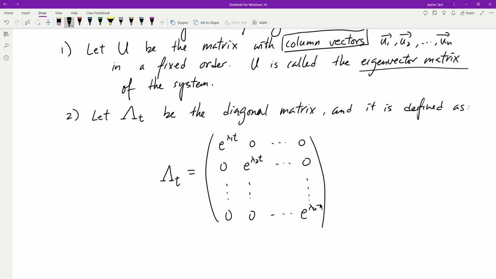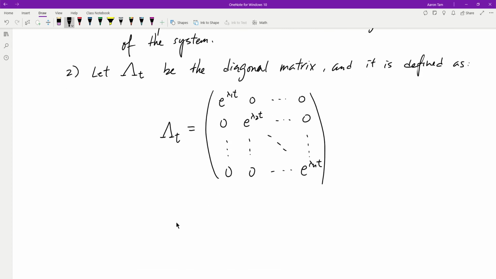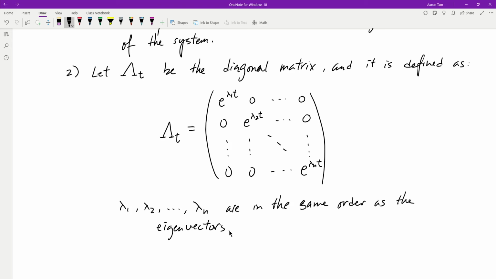To e to the lambda nt. So that would be what we call the lambda t matrix. And of course, in this matrix right here, we need lambda 1, lambda 2, to lambda n in the same order as established in step 1, so that they can correspond together.